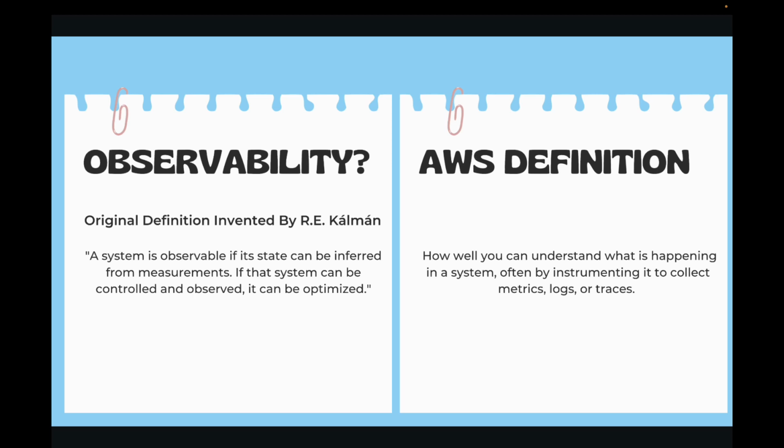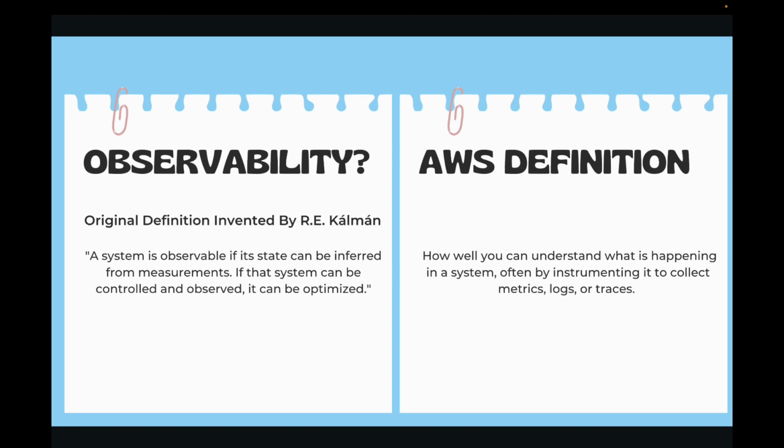So based on that definition, what does AWS say about observability? It is how well you can understand what is happening in a system, often by instrumenting it to collect metrics, logs, or traces. So that's the AWS definition of observability.